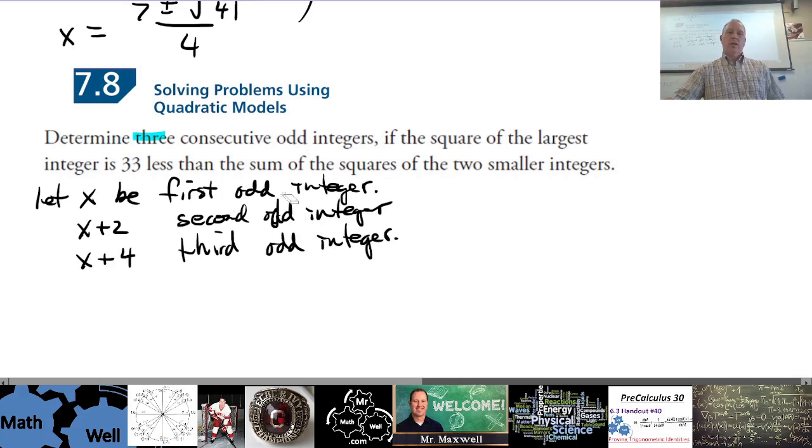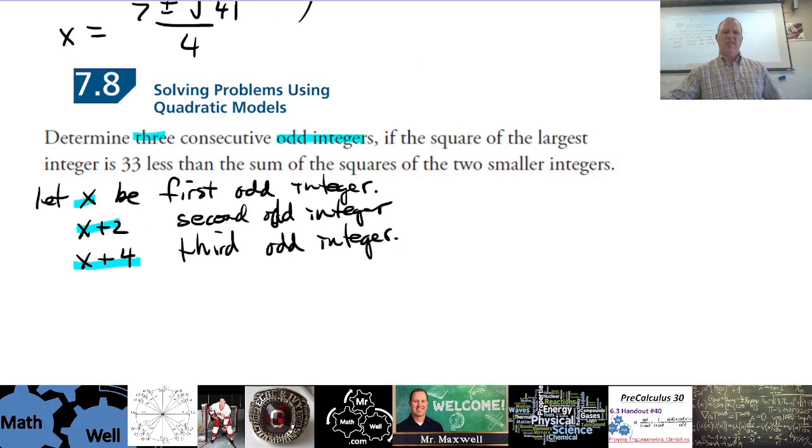Okay, so here we go. I've got the 3 set up right now. I've got algebraic expressions for each of these. That's what you want to do. You want to define your variable and then try and write the other things in the question, in this case the other odd integers, in relation to that one. So you have one variable, but you have 2 or 3 or 4 different things expressed.